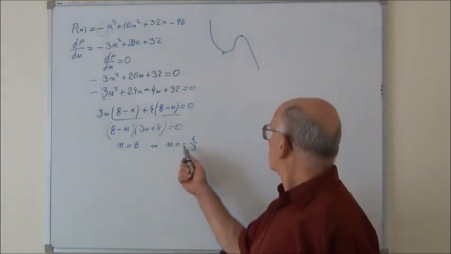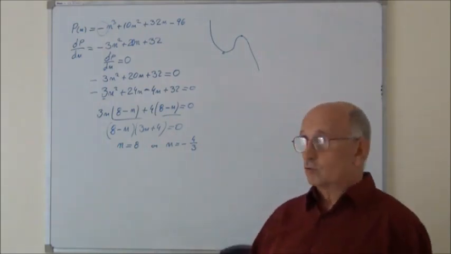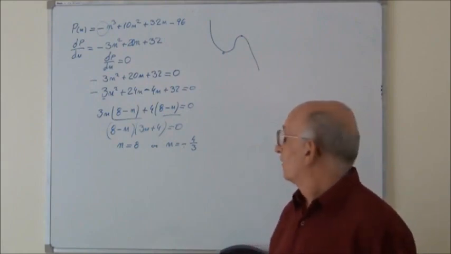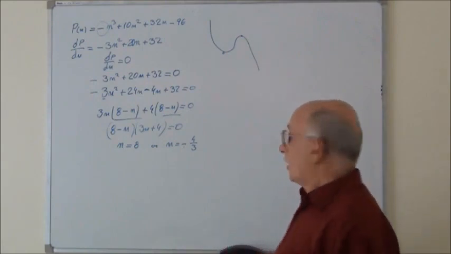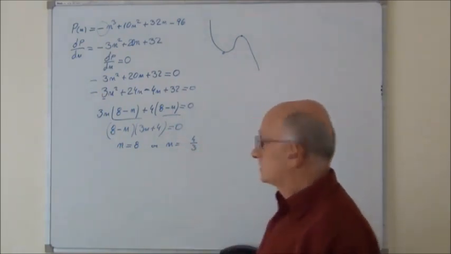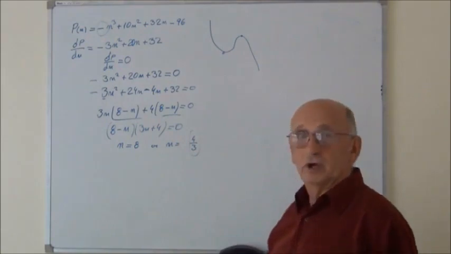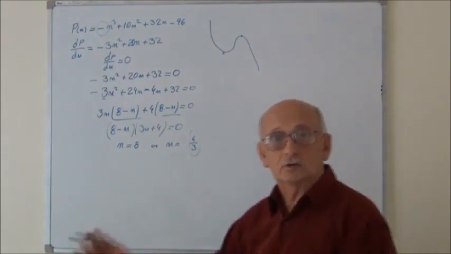And what does this minus mean? How can a number of people be negative? I don't know, it's unusual. But even if it's plus, still it can't be, because what? We have 1 and 1/3 of people.